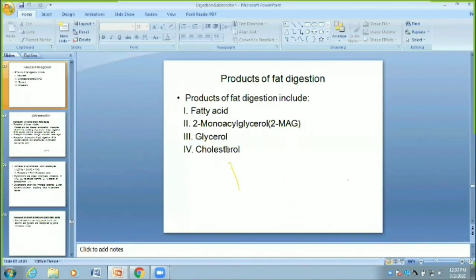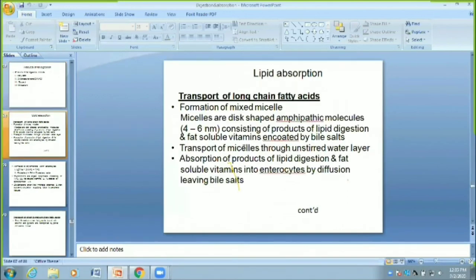are transported by forming micelle. It is mentioned like this. The micelles are disc-shaped amphipathic molecules consisting of products of lipid digestion and fat-soluble vitamins encased by bile salts.